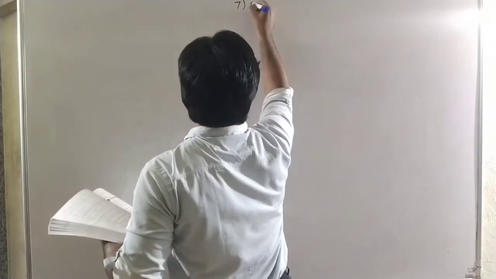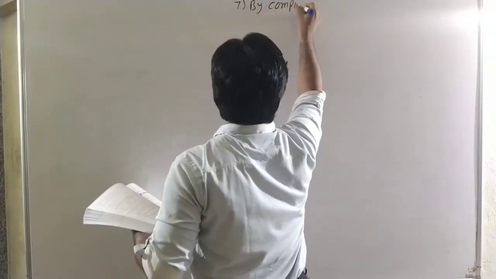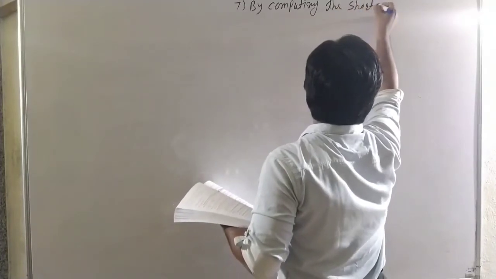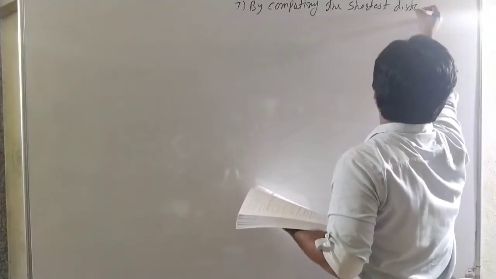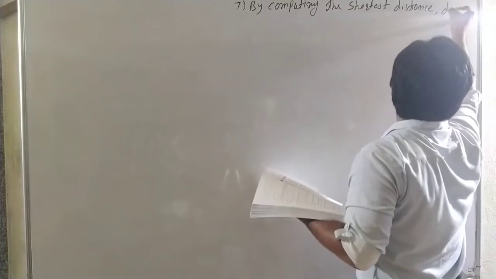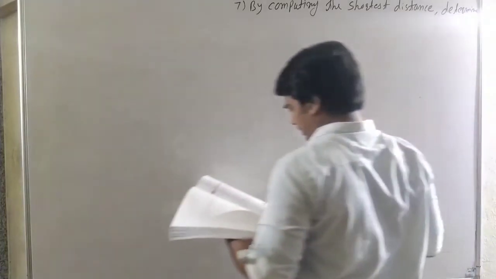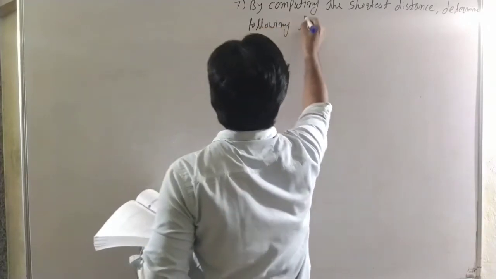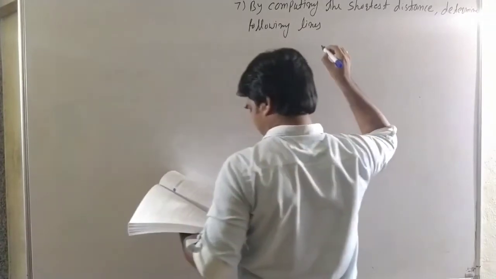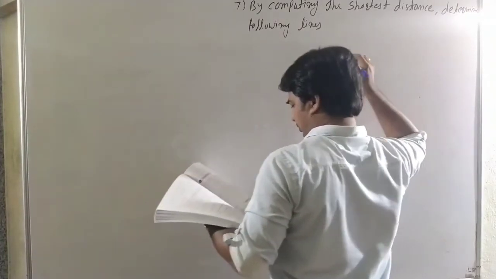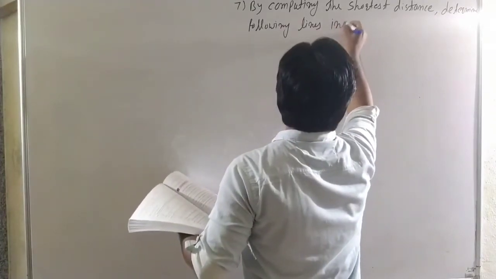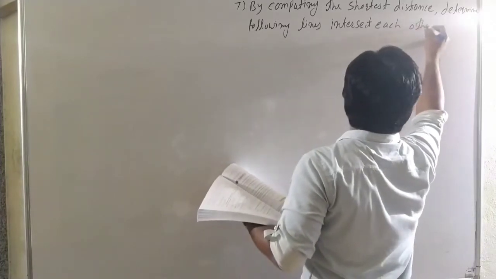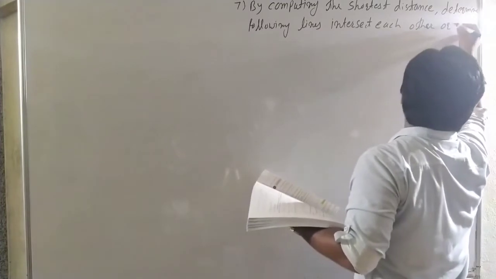By computing the shortest distance, determine whether the following lines intersect each other or not.